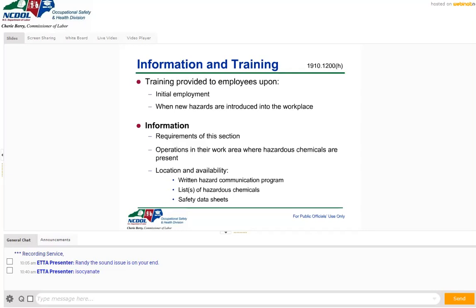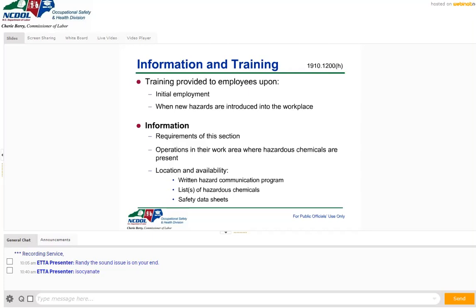OSHA again says initially or when the new chemicals arrive or when chemicals change. So that's good. Now, the information, you're going to train them on what the standard says.